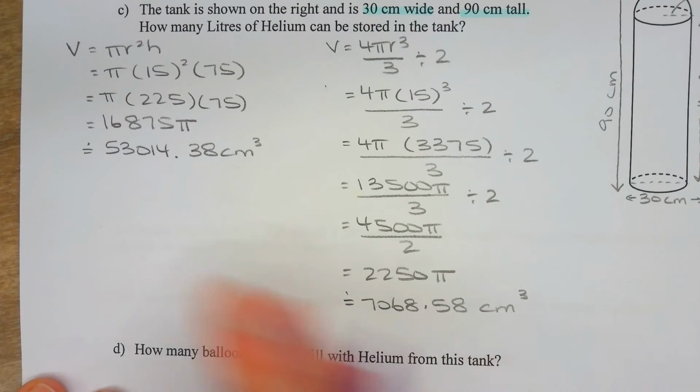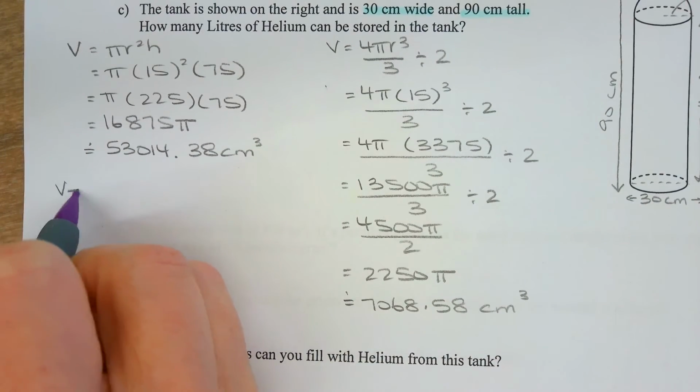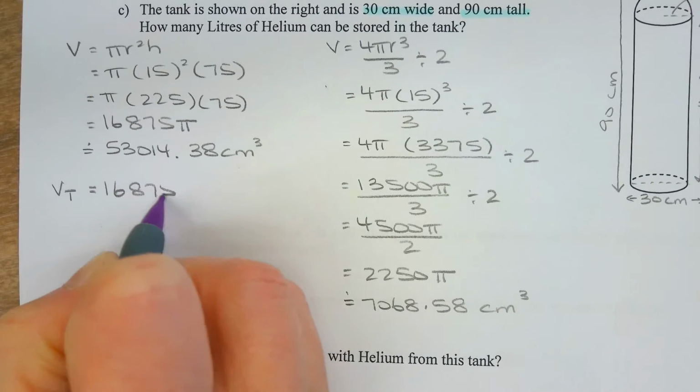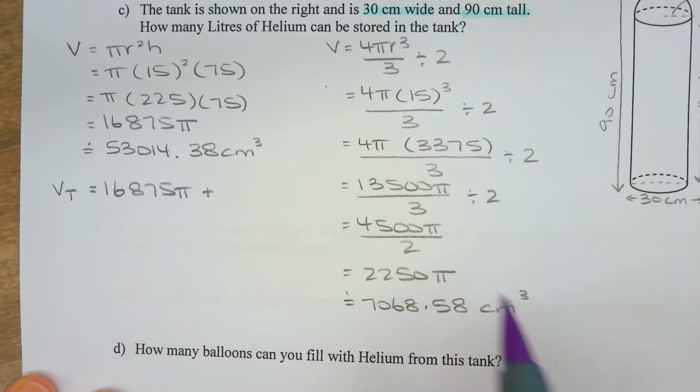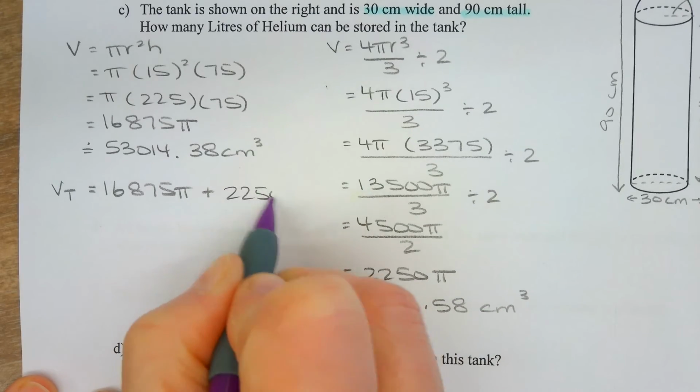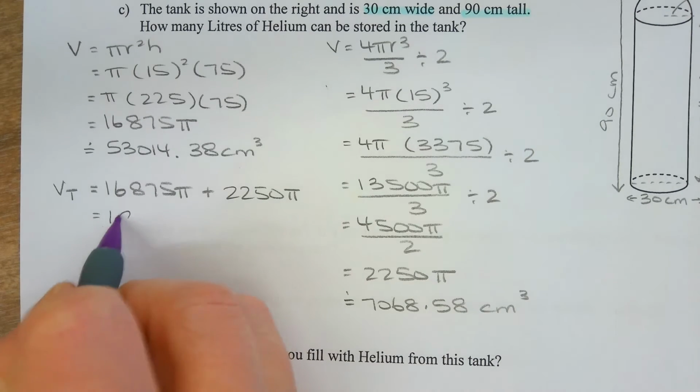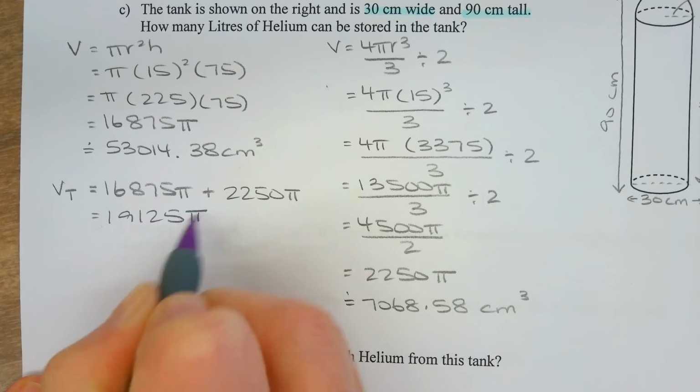So now I need to find the total volume. I'm going to add this pi plus this one. I'm going to go back to the exact values because I can then add like terms. So 16,875 plus 2,250 gives me 19,125 pi.